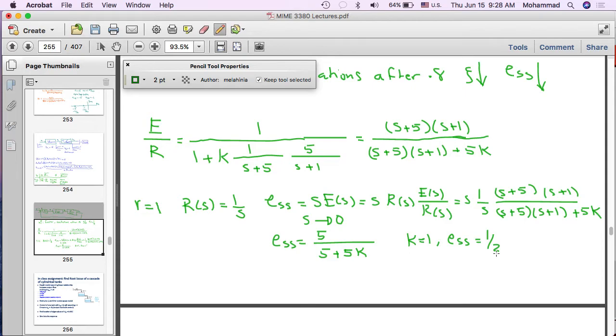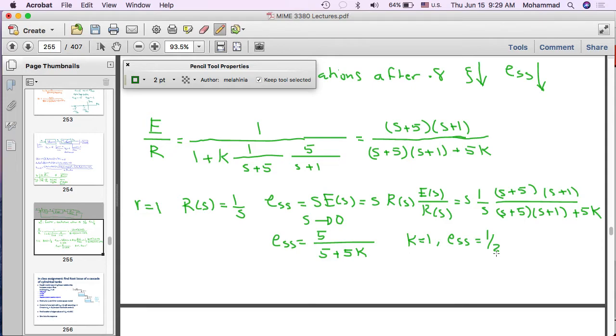Go to the simulation and see if the simulation would support that. So if k is 1, run the simulation and see if the level of the second tank stabilizes at 1/2, which is equivalent to having 1/2 error. Does it? So look at the response of your system with k of 1.